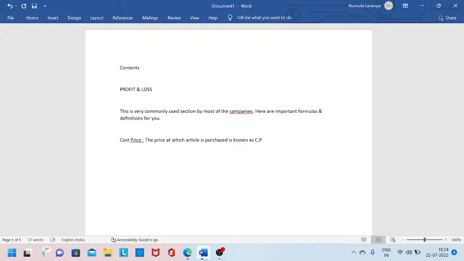Cost price means the price at which an article is purchased.